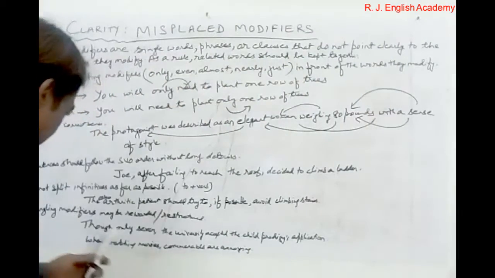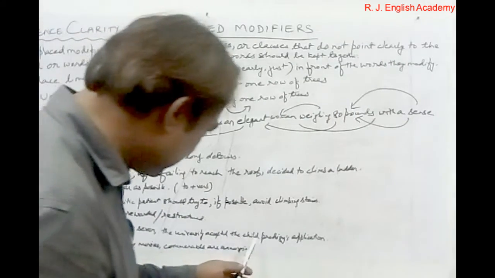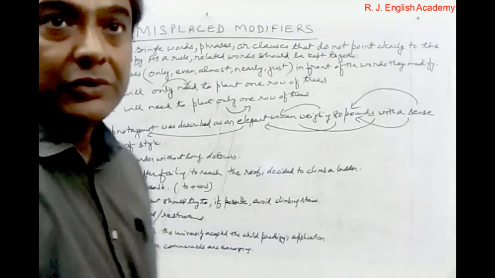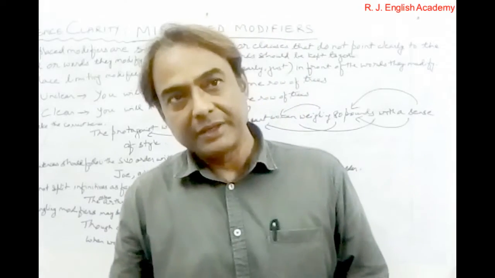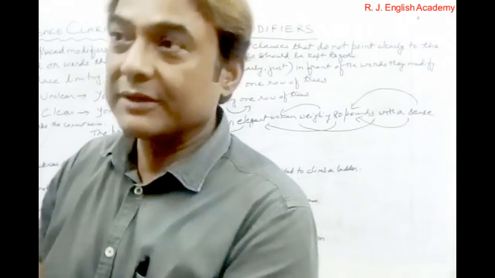Example: Though only 7, the university accepted the child prodigy's application. The child is a prodigy.